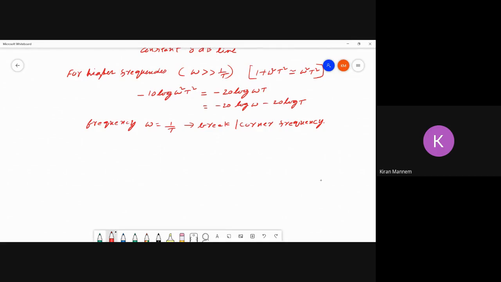So we should make some correction after drawing the approximated plot. So here we get an approximation. So I can write here the conclusion points: it has two straight line asymptotes.